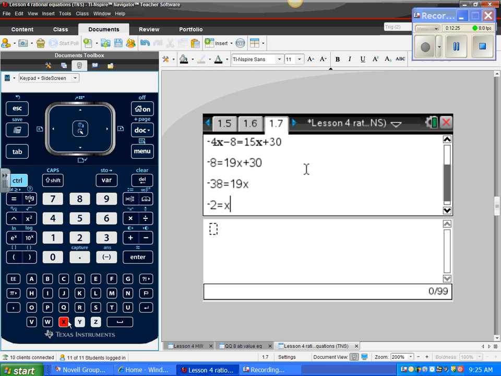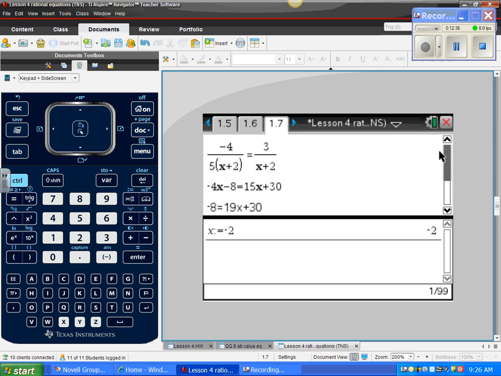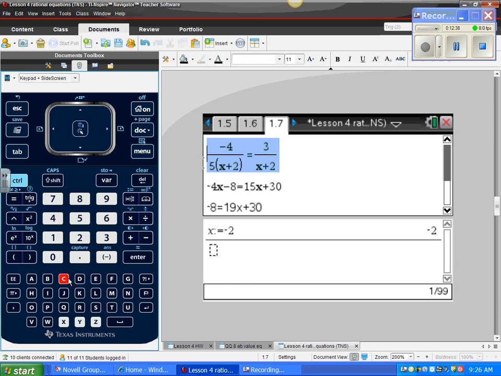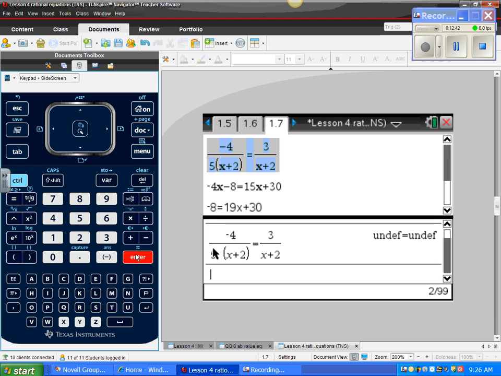Are we okay with that? Where did you go wrong if you went wrong? I checked it and I got there. Yes, okay, so let's store negative 2. I'm going to go up and borrow because I'm lazy, and Control V. Okay. And we get undefined equals undefined. So is it a solution? So do I have any solutions?